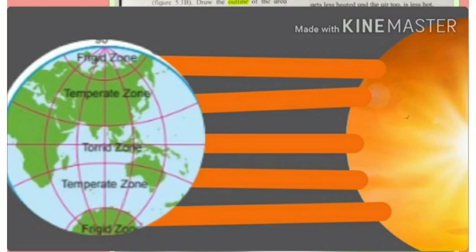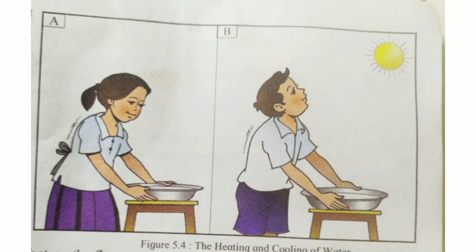Now, this was about the latitudinal distribution of the sun rays on the earth. Besides these, there are other factors which influence the distribution of temperature on earth. What are they? Let's see. Nearness to the sea, continentality, physical setup, vegetation cover, urbanization, and industrialization.